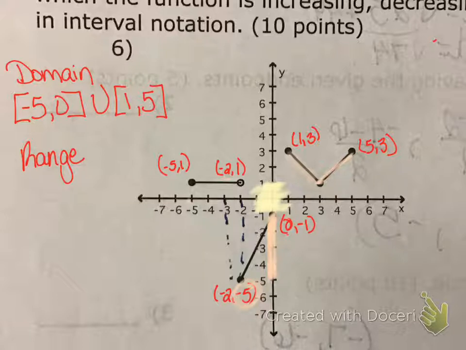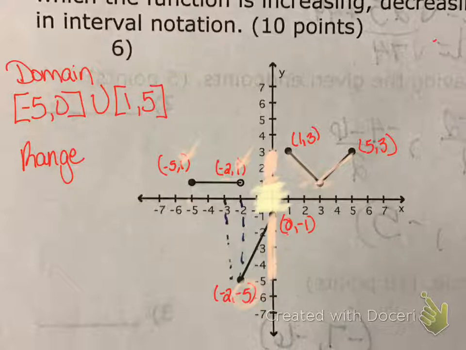But I pick up again at this ordered pair. Right here I've got -5, 1 and -2, 1. Because I'm talking about range, I'm focusing on that y value. So I start again at 1. And this one is also at 1 over here. So I don't ever drop below 1. Then I go all the way here.